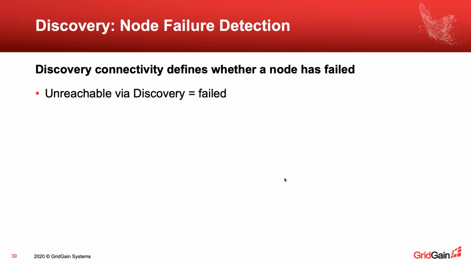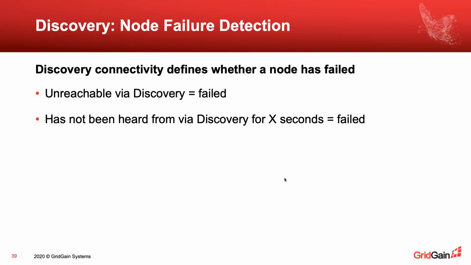Discovery links are always up and running. So if we can't send a discovery message to a node, then we say that that node has failed. If we don't hear from a node via discovery for some time, then we also say that that node has failed.